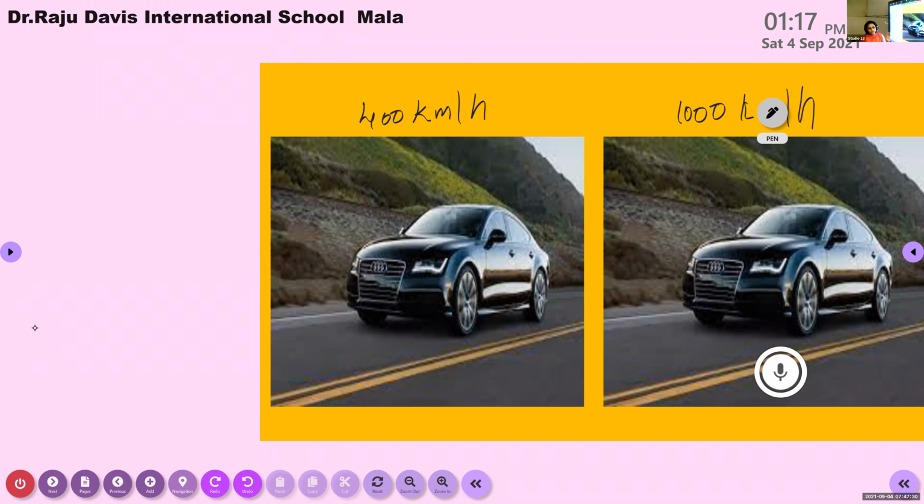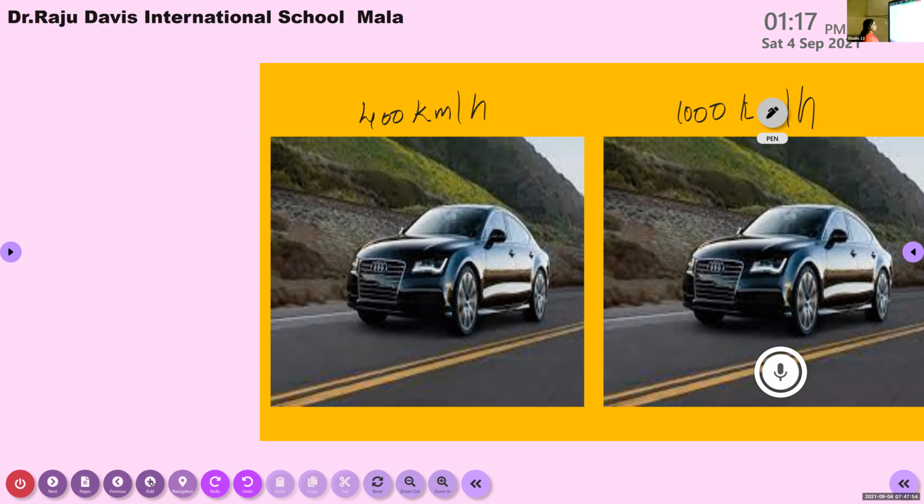The mass of the two cars is the same, but they are traveling with different velocities. The first car travels at 400 km per hour, but the second car at 1000 km per hour. So we need to apply a greater force on the second car in order to stop its motion because it possesses greater velocity.